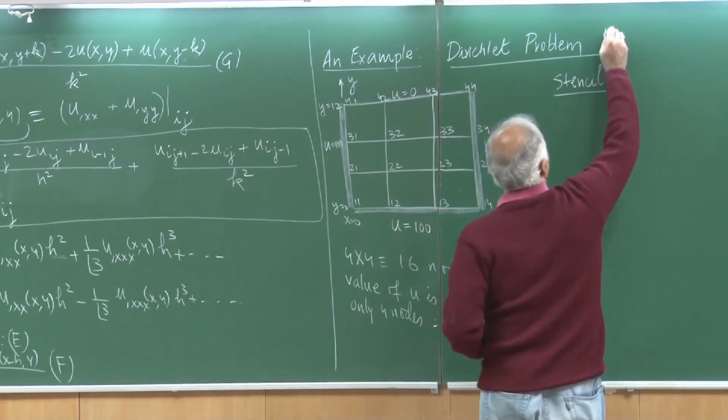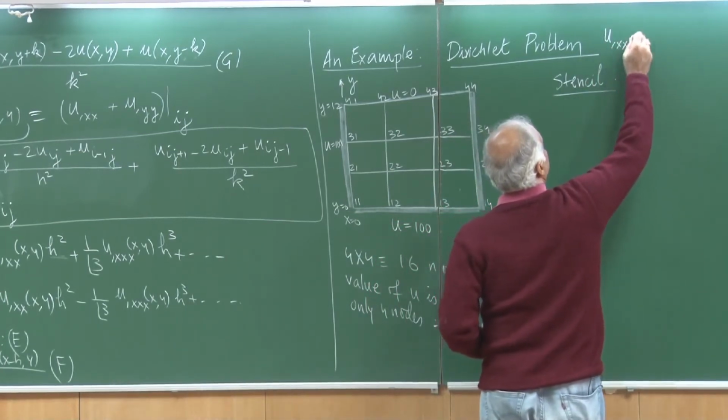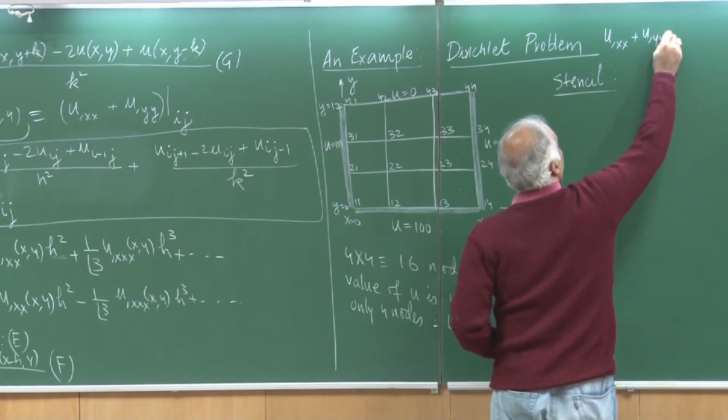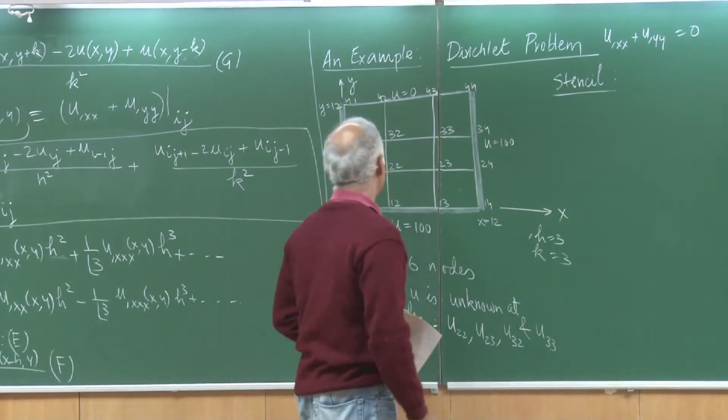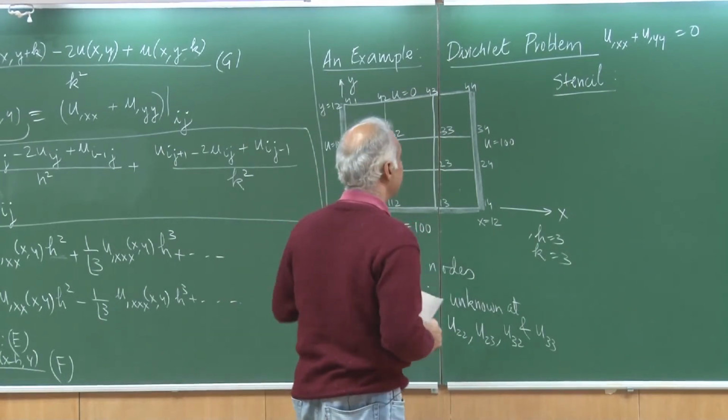So, I am solving this problem u_xx + u_yy = 0, and I can use the stencil which I have derived.